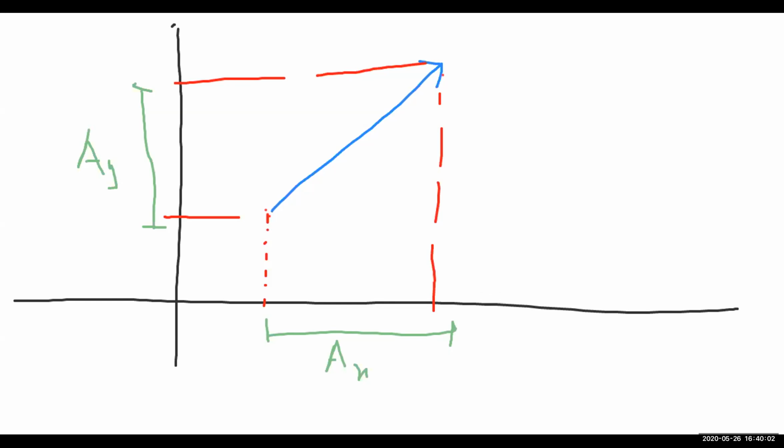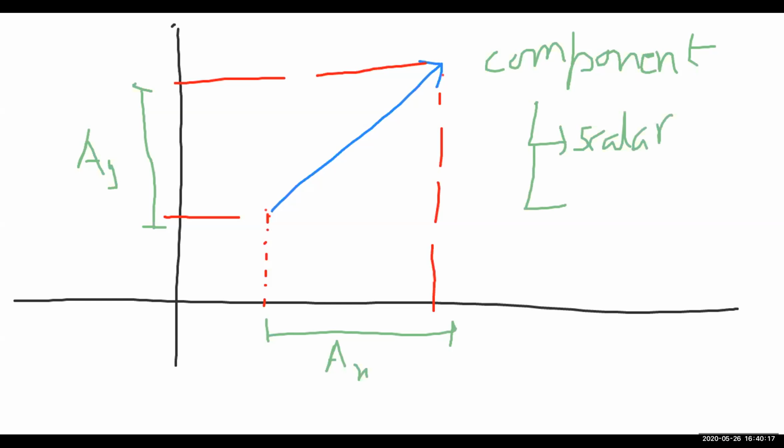Now there is a problem. The problem is that whenever I use the word component, it may mean scalar, it may mean vectors. Basically, when we talk about a component, we are really talking about a scalar quantity.